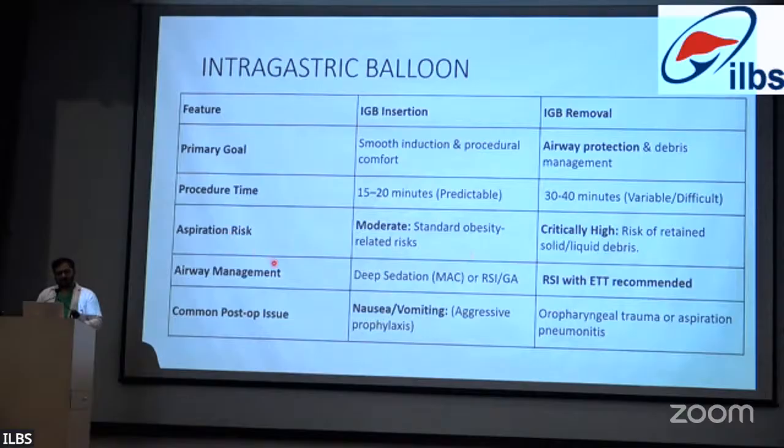The aspiration risk is moderate in IGB insertion because of the standard obesity-related risks, while in removal, it is because of the retained solids and liquid debris. So it is always recommended to secure the airway in IGB removal with RSI with an ET tube in situ. The most common post-op issue is going to be nausea and vomiting in IGB insertion, and it is going to be trauma as well as aspiration pneumonitis in IGB removal.